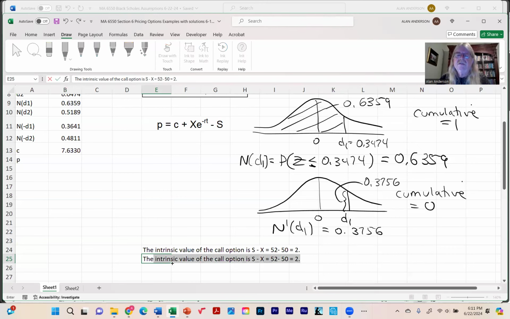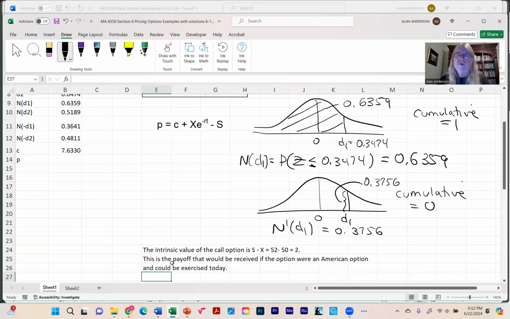This is the payoff that would be received if the option were an American option and could be exercised today. Now, if you notice the actual price, 7.633. So what this means then is that the rest is the time value of the option.